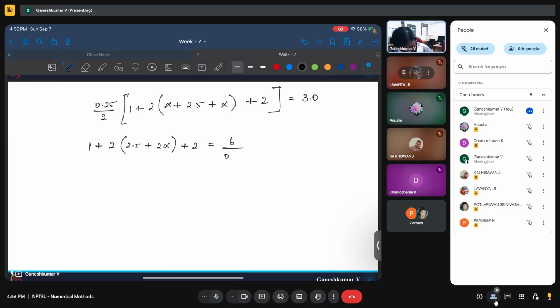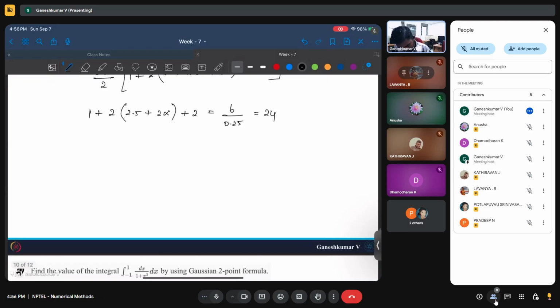3 divided by 0.25 by 2, which is 24. Yeah, this is equal to 24. Now this is going to be 3 plus 5 plus 4 alpha equal to 24.